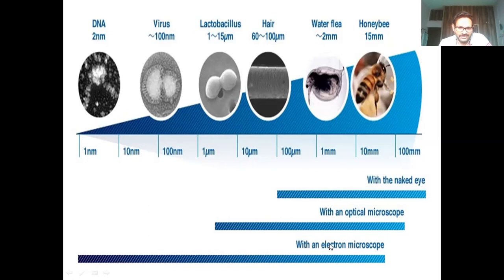Here we incident light, and here we incident electrons. That is why it is called a light microscope, or otherwise an electron microscope. When electrons are incident to view the objects, we call it an electron microscope.